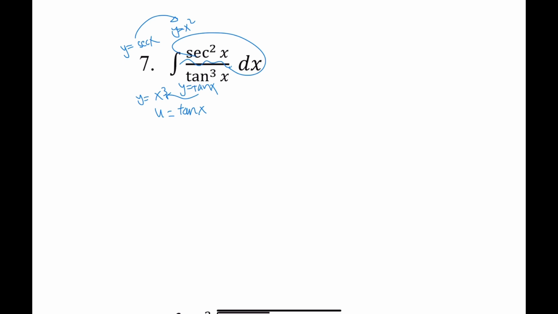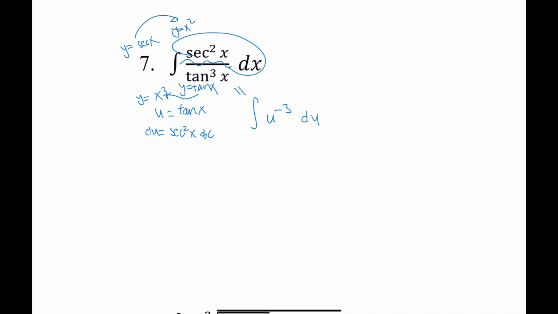So we have u equals tangent x, and then du equals secant squared x dx, right? And we have that already here, and then we're just going to say this equals the integral of tangent third x, right? Tangent third x is going to be u to the negative 3, right? Okay, and then we also have du, so we're going to put it like that.